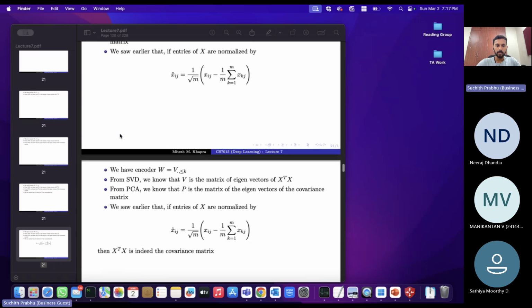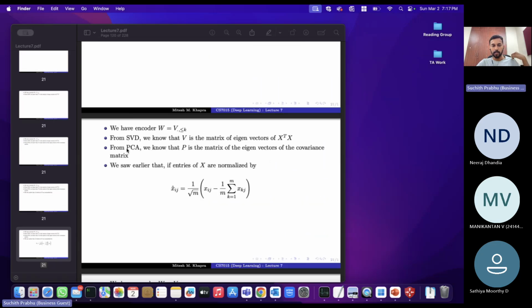So we'll end up with the same representation that we get with PCA.